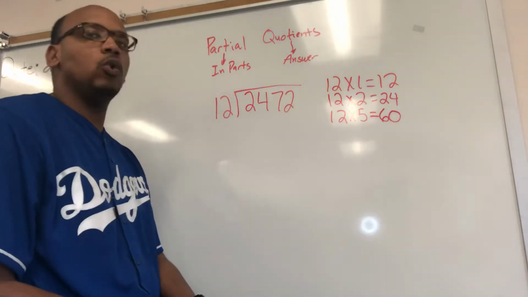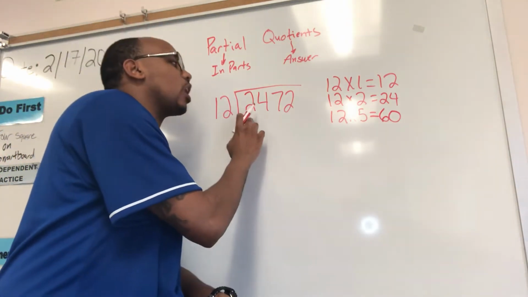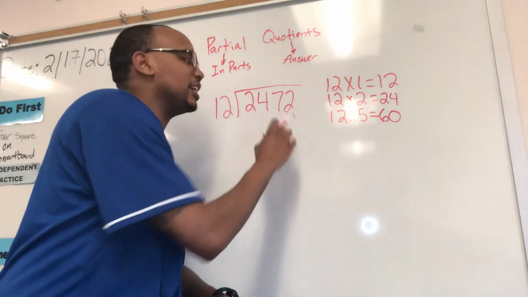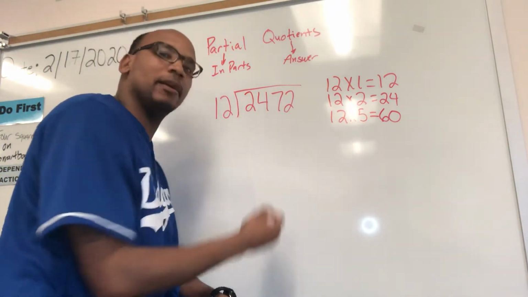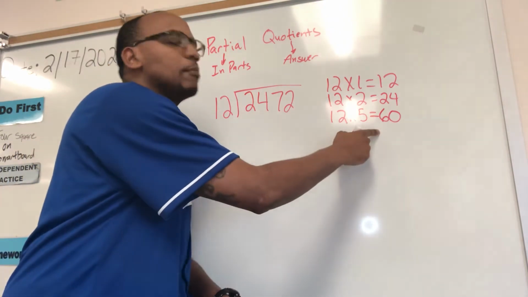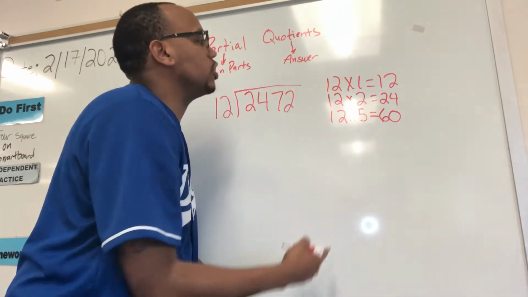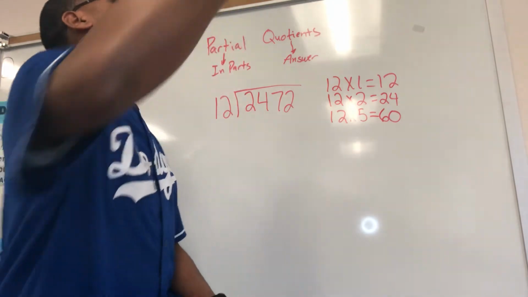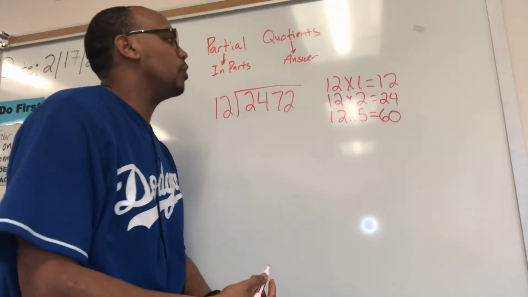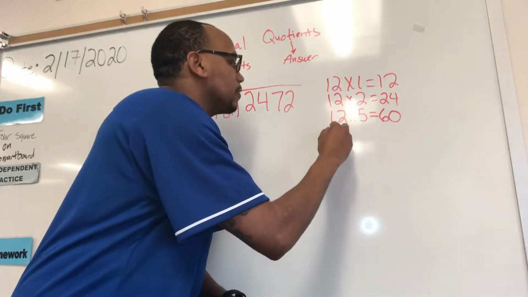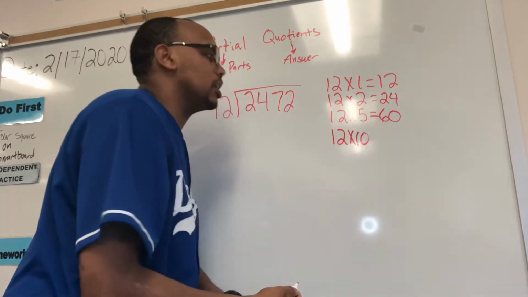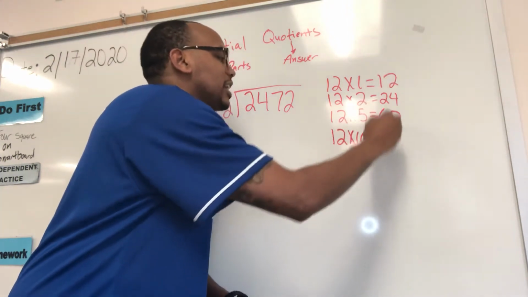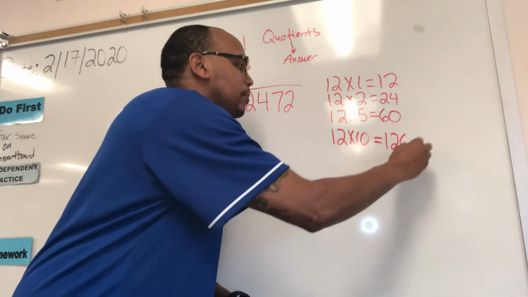Now the goal is to get as close to the dividend or the total as possible. That way you don't have to subtract that many times. So these numbers are too small. So what you're going to do is take base 10 increments of these numbers, which means now, instead of 12 times 1, I'm going to do 12 times 10. All I have to do is take the answer to 12 times 1 and put a 0 behind it.